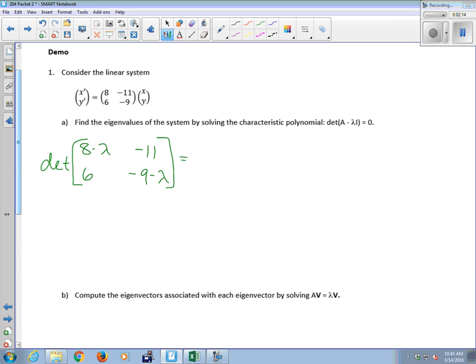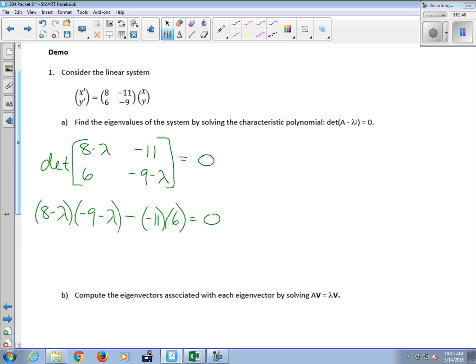And we want to set that determinant equal to 0. To calculate the determinant of a 2x2 matrix, you just multiply AD minus BC: upper left times lower right, minus upper right times lower left. Set it equal to 0.